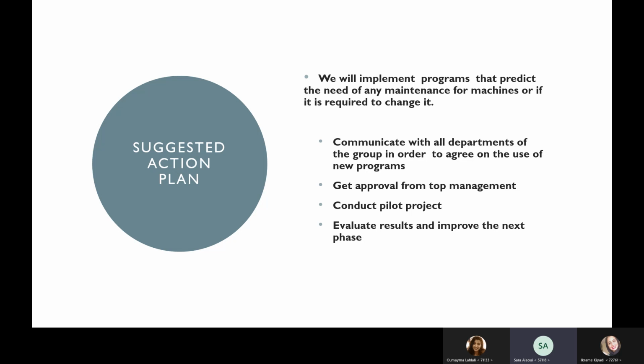We will share the benefits of this program and what will be the added value. Second, we will get approval from top management, and then we will conduct a pilot project that includes analyzing and evaluating data, changing or modifying something if it is needed. And finally, we will evaluate the results and improve the next phase.